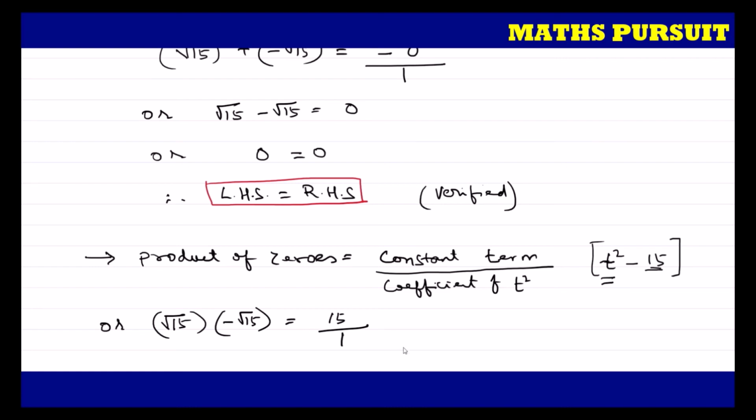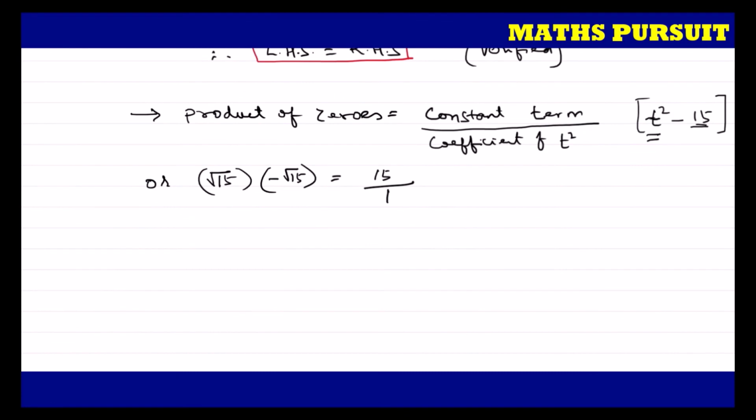Hope guys till here we are very clear. Or I can write, root 15 into minus root 15 is minus 15. And guys, here constant term is minus 15, not plus 15. Minus 15 is equal to minus 15.